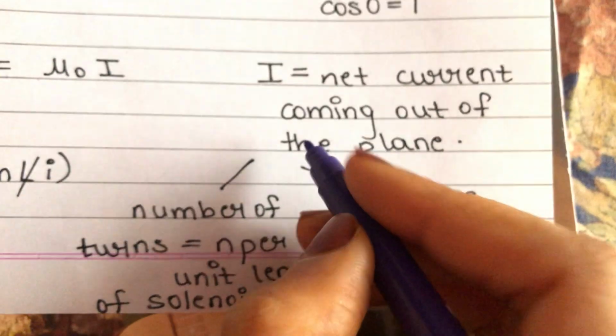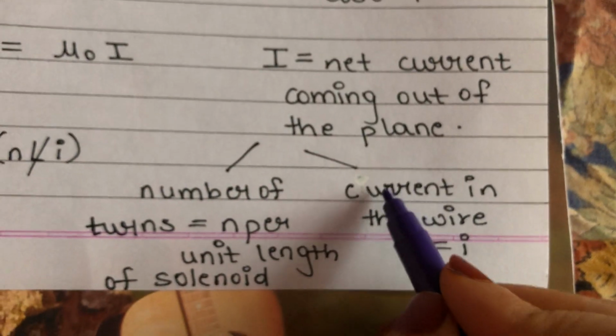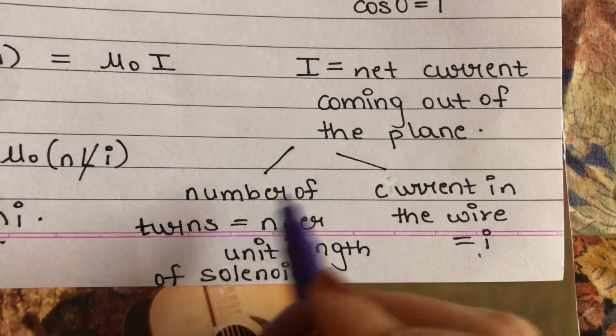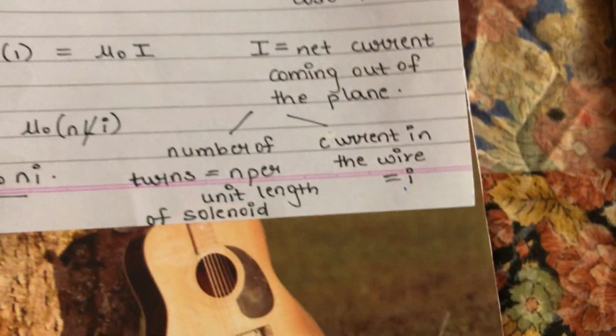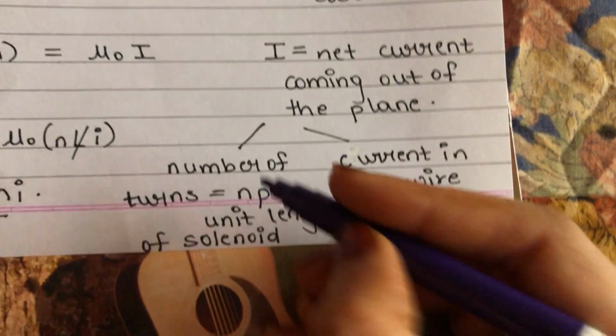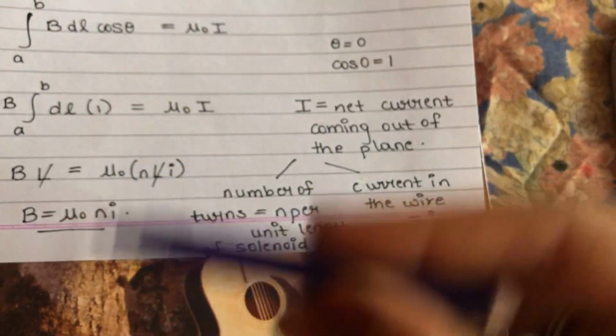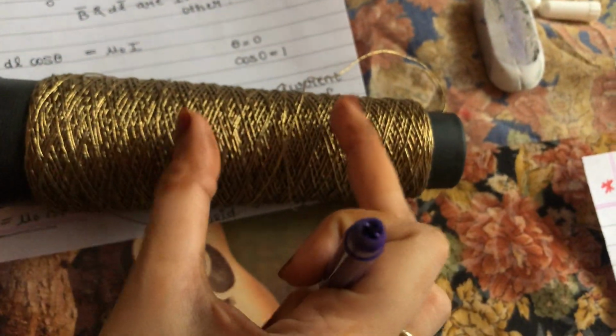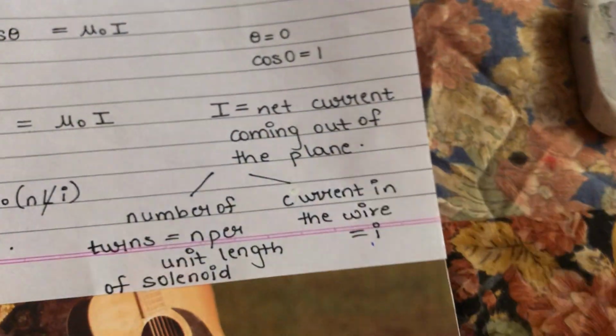That is nothing but the current in the wire, that is small i, and the number of turns given to the coil, given to the solenoid. The wire which we have wound, we will also see how much of it comes inside that Amperian loop.